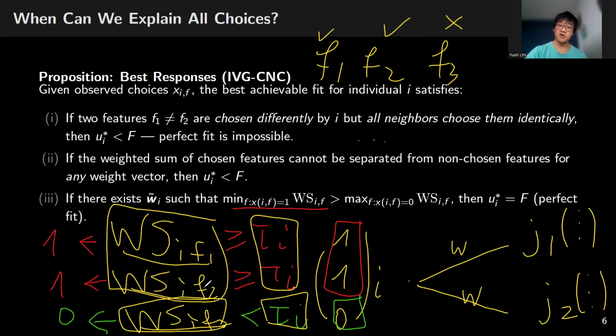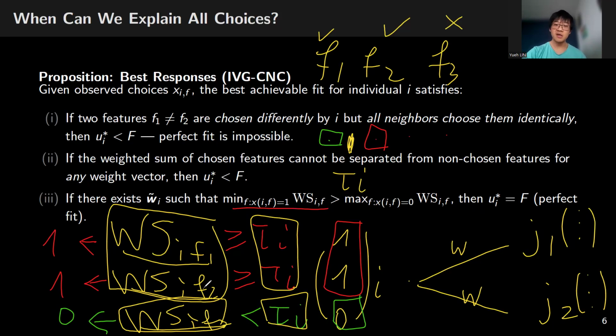So the weighted sum of the first group have these numbers, and the weighted sum of the second group has this number. If we take the minimum of one and the maximum of the other, and we got this relationship, the minimum of the first group is greater than the maximum of the second group, then what you can do is you choose the threshold here.